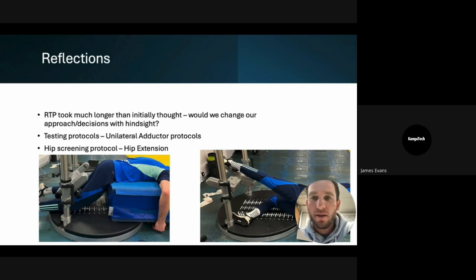Are we testing in the right position? So are we actually getting the outcome that we need? And I think for me, moving forwards, this hip extension protocol here is probably one that I'm going to continue to use with our players.